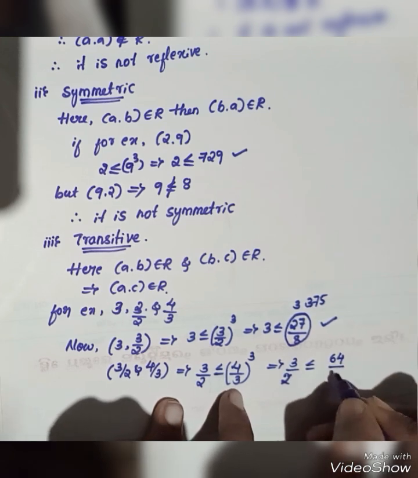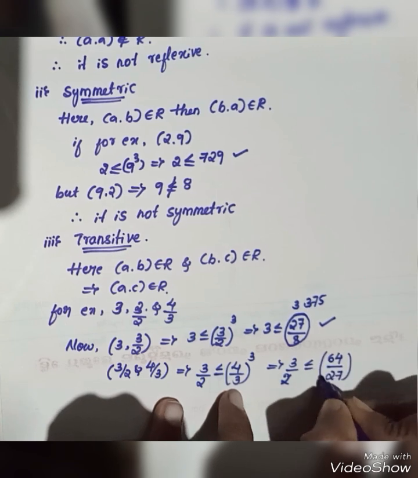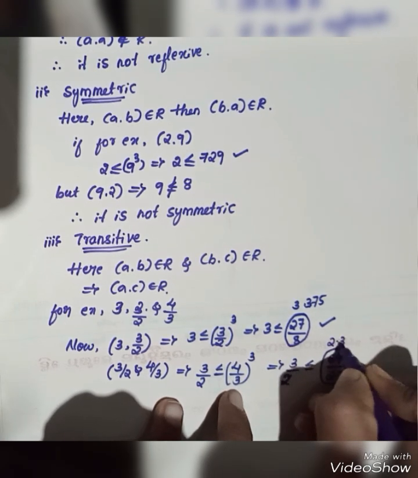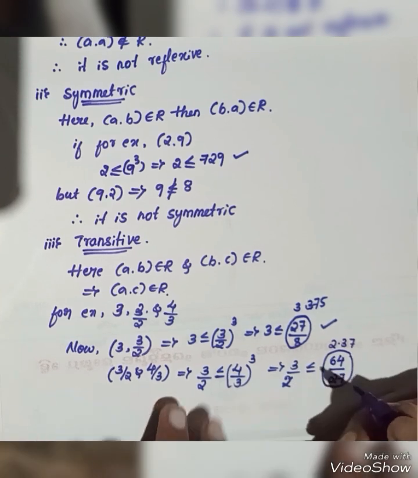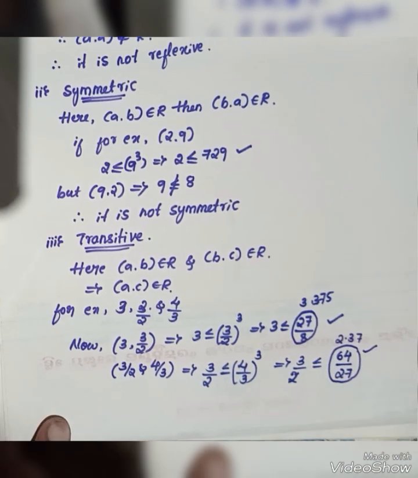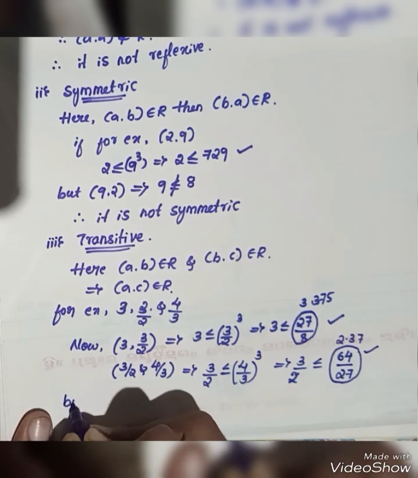That is 3 threes are 9, 9 threes are 27. This value becomes 2.37. 3 by 2 means 1.5. This condition is satisfied.